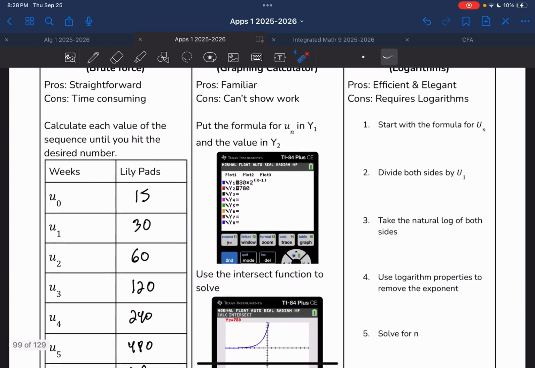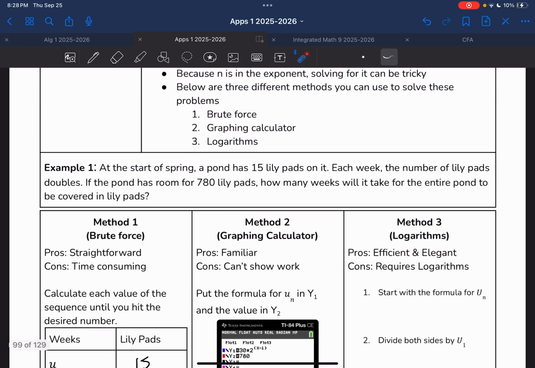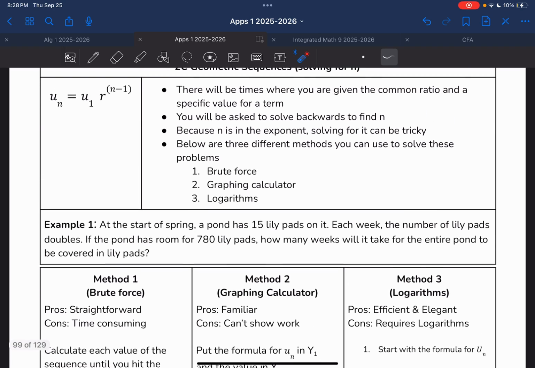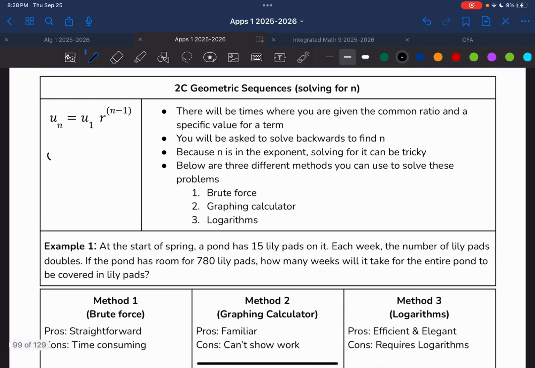The other way that you can do it is with your graphing calculator. So once we've figured this out, again, figuring out that U1 is the number of lily pads after 1 week, we know r, well, we can plug those in over here, and we can say that Un is going to be equal to 30, the number of lily pads after 1 week, times our common ratio 2 to the n minus 1.